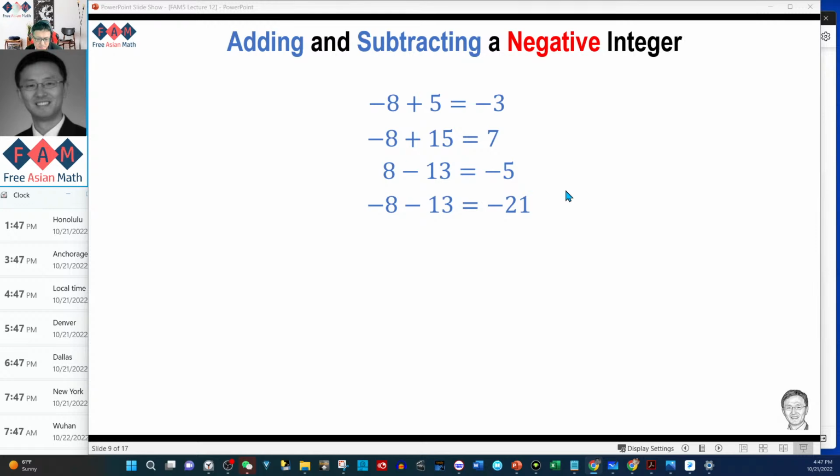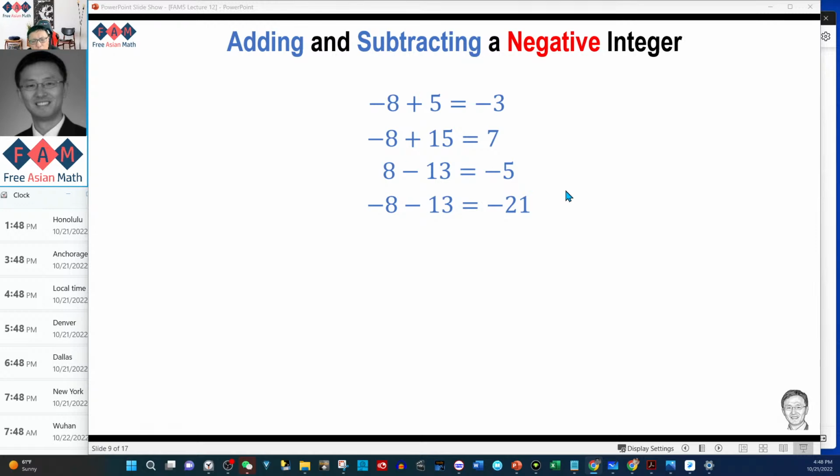But the second number, whether you are adding or subtracting, cannot be negative. So in this case, negative 8 plus 5, that's negative 3. Negative 8 plus 15, that's 7. 8 subtracting 13, that's negative 5. Negative 8 subtracting 13, that's negative 21.